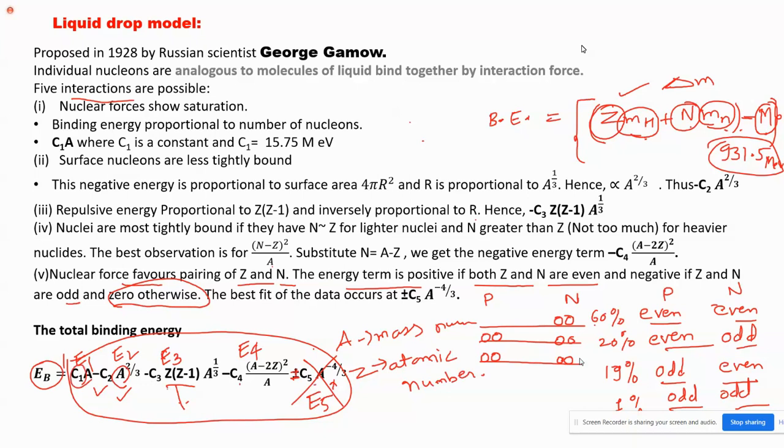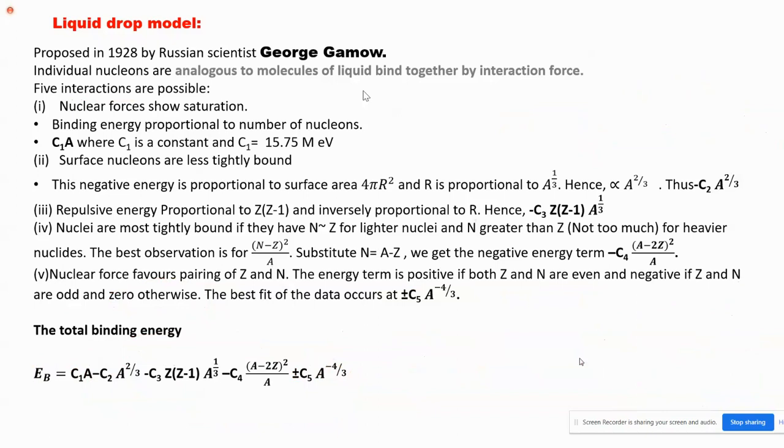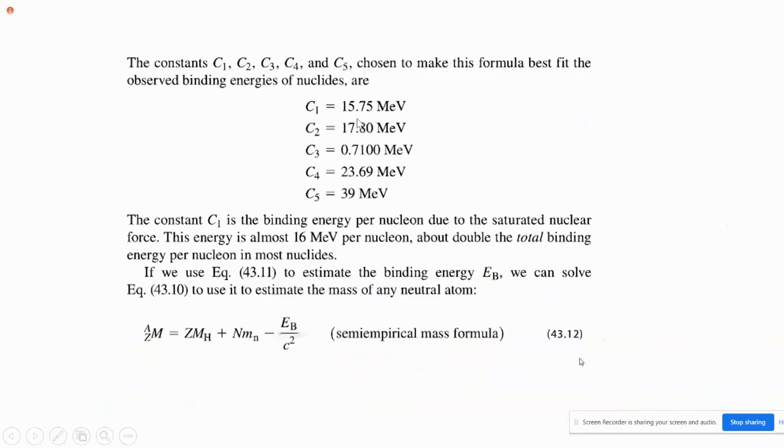These are standard values, constants. C1 is 15.75 up to C5 39 mega electron volt. So after substituting all these values, we can get the binding energy. Some problems based on that we will solve in the next lecture.